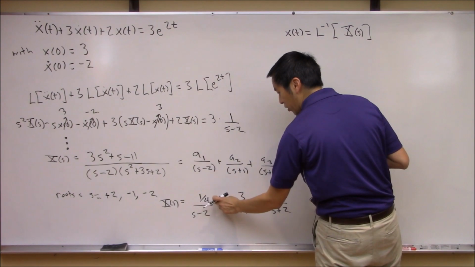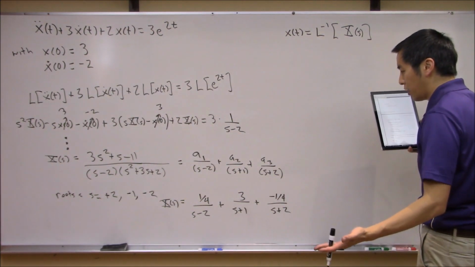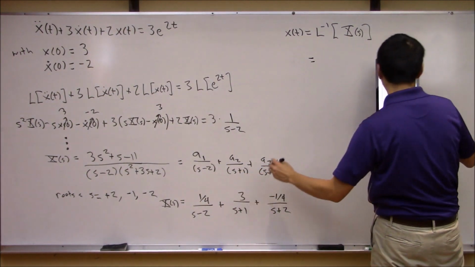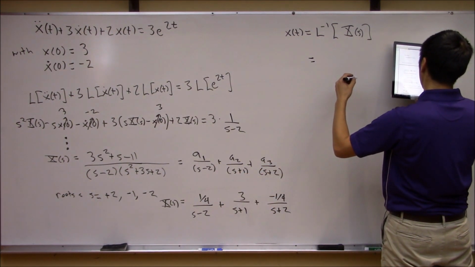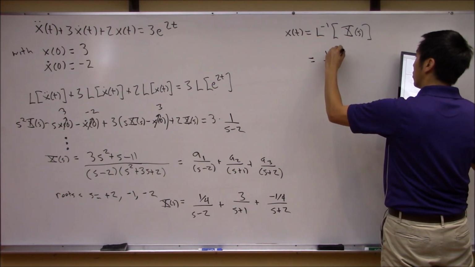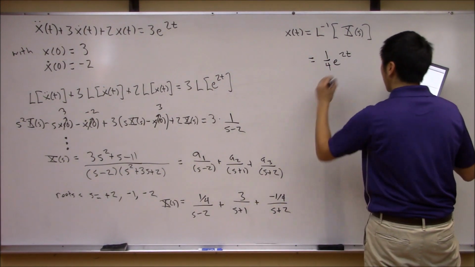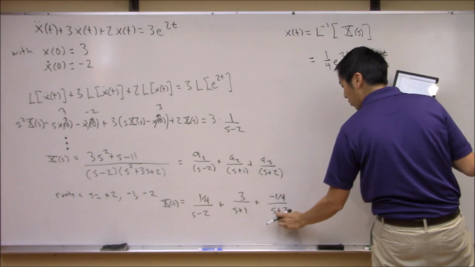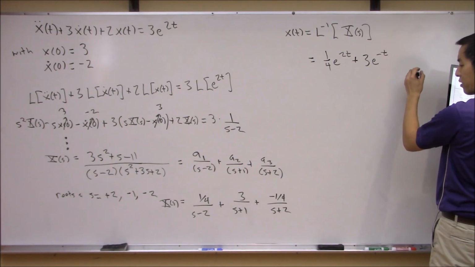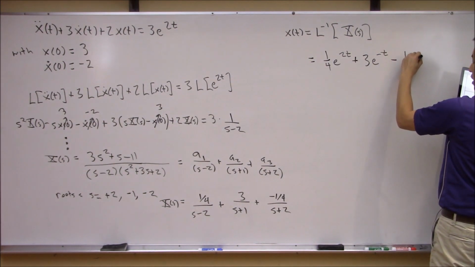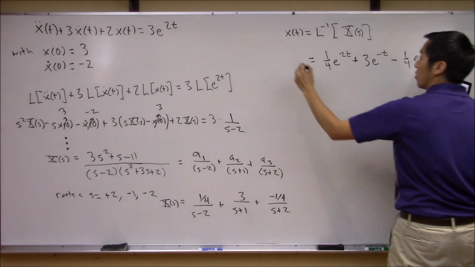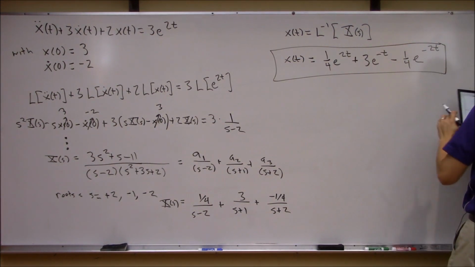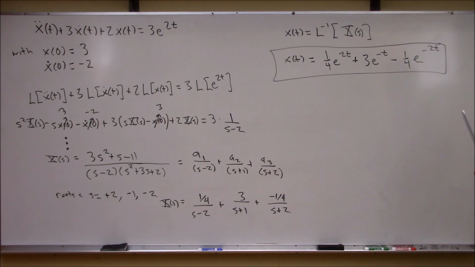This first term, I inverse Laplace transform this, and this is going to be 1/4 e to the 2t, plus this thing here is going to be 3e to the minus t, and then this one I can see again directly. This is minus 1/4 e to the minus 2t. So here's x(t), which is the exact same result we obtained earlier.